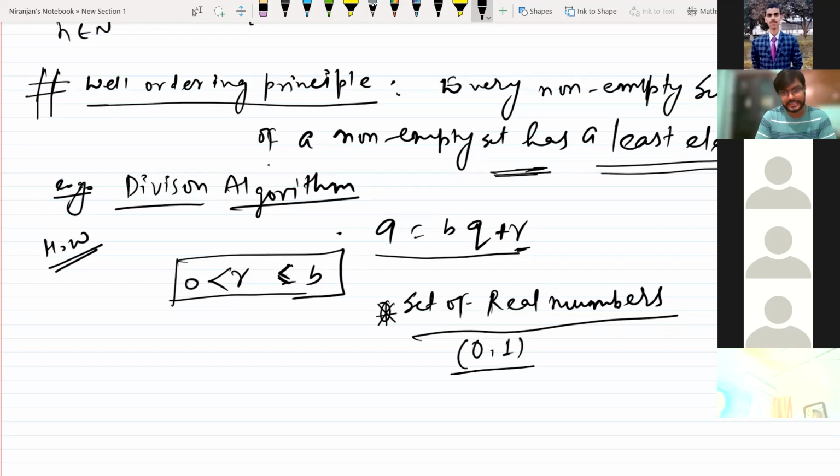Can I say that it has a least element? Although I can't find it, no matter how close I go approaching 0, I can always find a smaller element, right? Because this is a non-empty subset of real numbers. Let's say I write 0.0000000 and a very small number. If somebody asks whether this is the least number, no, I can always find another smaller number. But I know somewhere there exists a least element in this particular set.